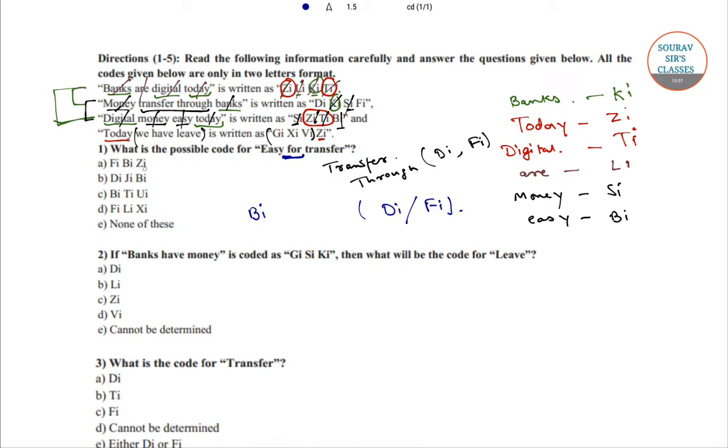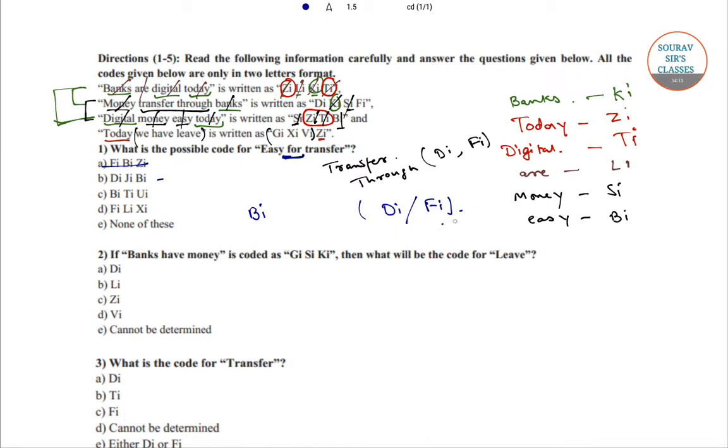Now ZI is today, so this option would not be there. Next is BI, DI, JI. Now JI is not present here, so JI is possible. In the next option it is BI, TI, UI.